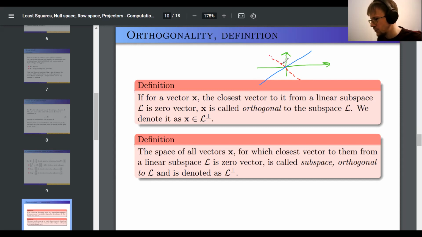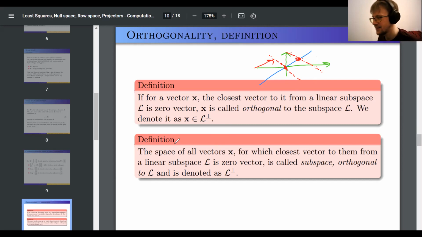Why? Because for those vectors, the closest element to them would be 0. Those vectors, for example, are not orthogonal because for them the closest element would be non-zero. But these are. So this is the space of all orthogonal vectors.